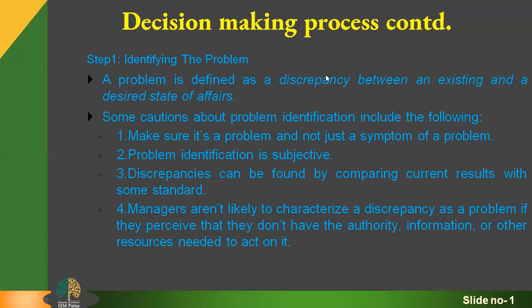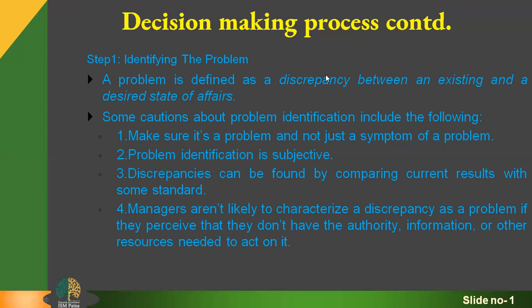Then managers are likely to characterize a discrepancy as a problem if they perceive that they don't have the authority, information, and other resources needed to act on it. Here it means that managers who are not authorized to make a statement of problem should simply highlight the discrepancy, the malfunctioning of the process or degradation of the functions.